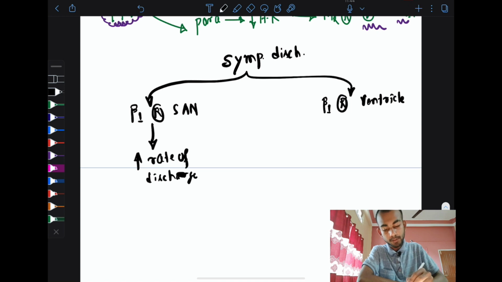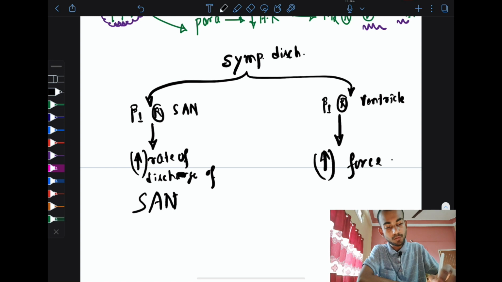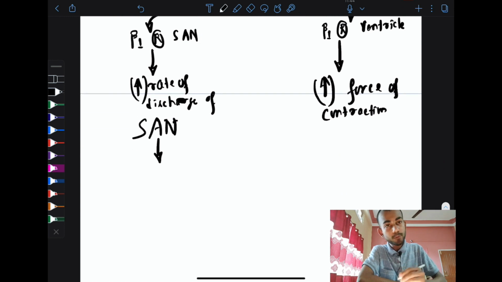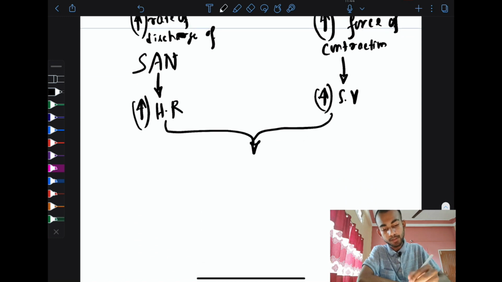To increase the rate of discharge of SA node. Similarly, it acts on the beta 1 receptor present in the ventricle to increase the force of contraction. To increase what? Force of contraction of ventricular myocyte. Now, increased rate of discharge of the SA node will increase the heart rate obviously, and the increased force of contraction of the ventricular myocyte will increase the stroke volume. So, these two aspects together will increase the cardiac output.